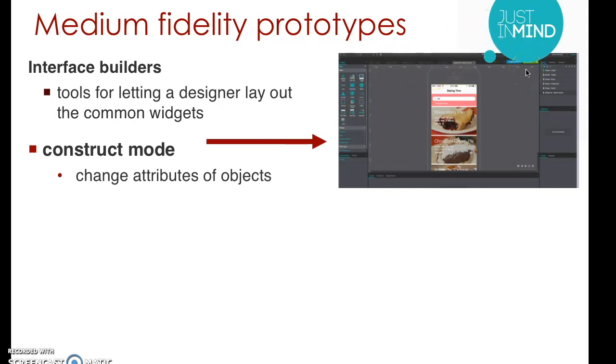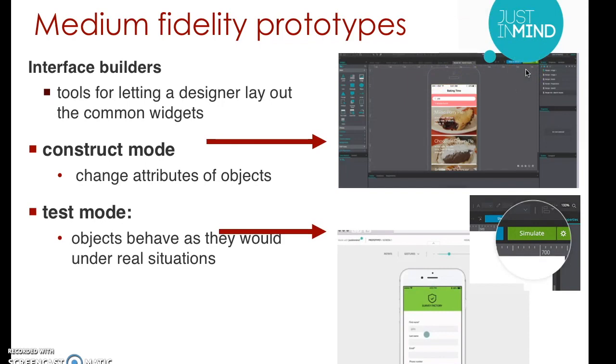They also have test mode, where you can actually test and simulate in Just-in-Mind software. For example, they have this simulate button to enable you to see how your prototype works in a smartphone if you are developing a mobile app prototype in this software.